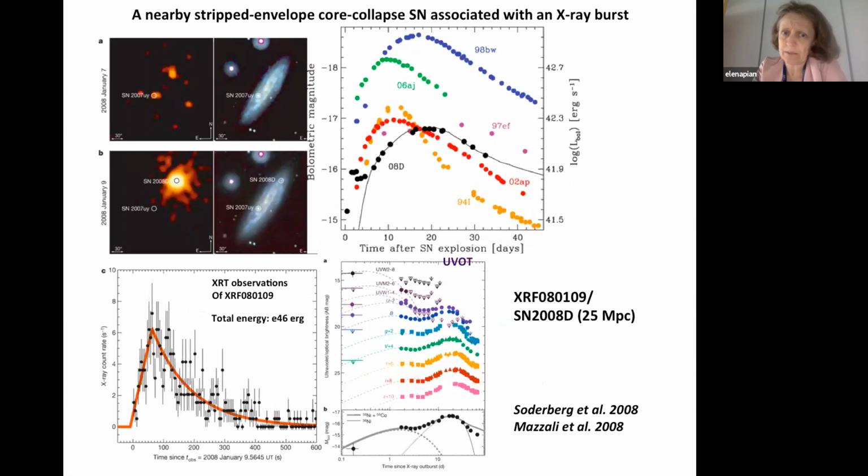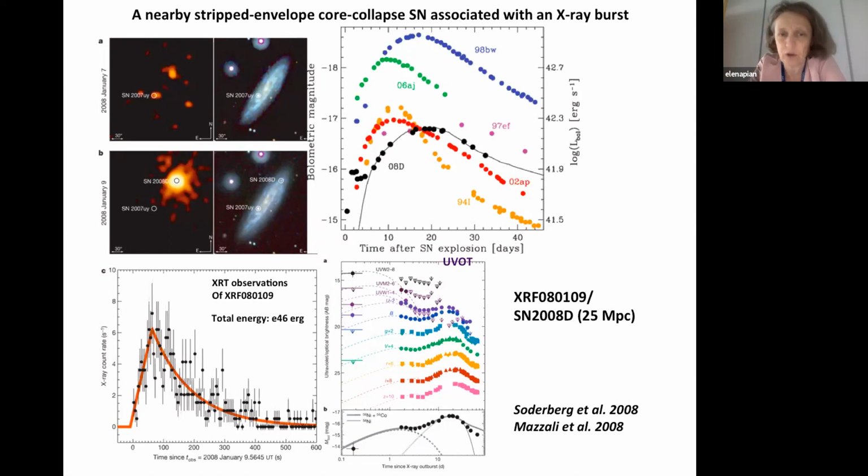There is a little note to be made about a special case that was detected some years ago, supernova 2008D, which is a core collapse supernova that was associated with a high energy event detected in X-rays, but not energetic enough to have the dignity of a gamma ray burst.